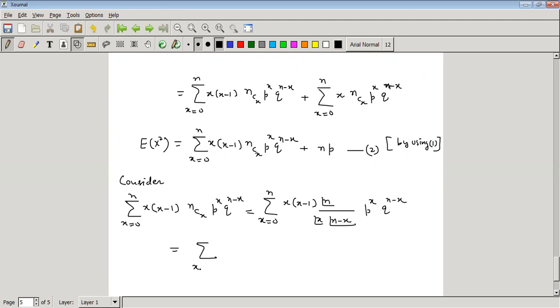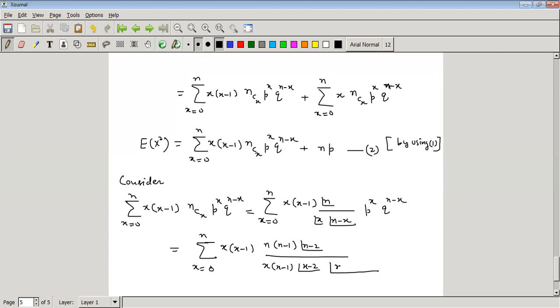So we can write x into x minus 1, n into n minus 1 into n minus 2 factorial, divided by x into x minus 1 into x minus 2 factorial.